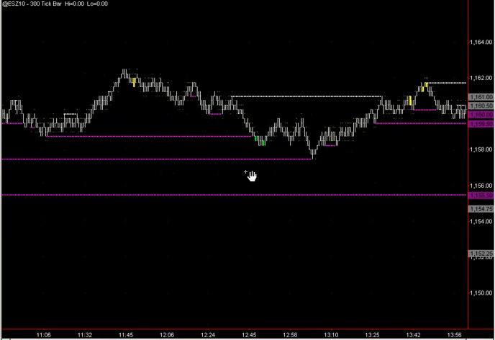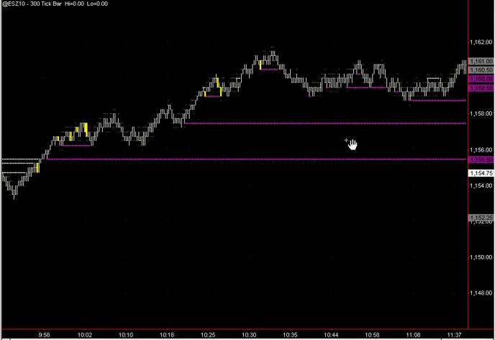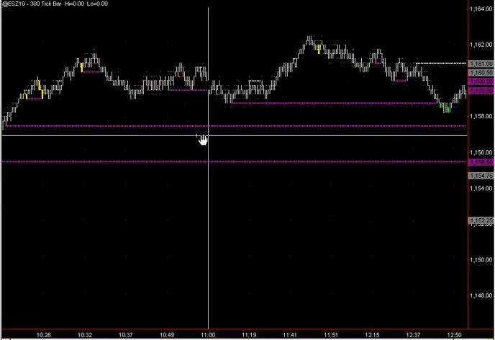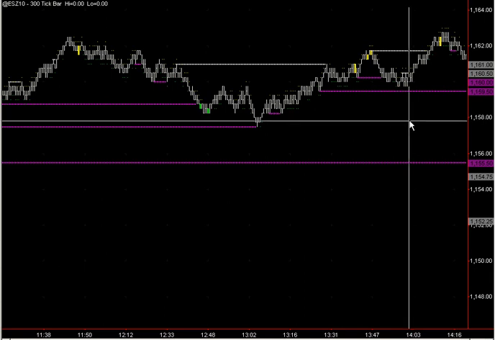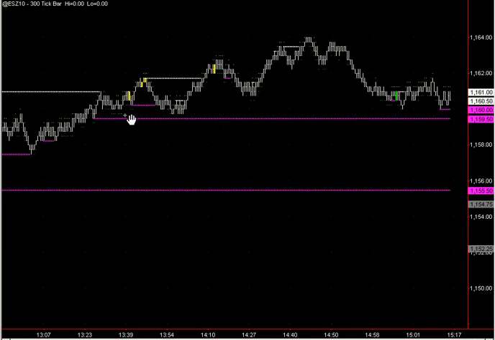And notice, this level right here, it came down exactly to the line. Turned the other way, went right back up. Every one of these lines, every one of these projections or retracements or whatever you want to call it, every single one was hit, with the exception, as I mentioned, these two lines.